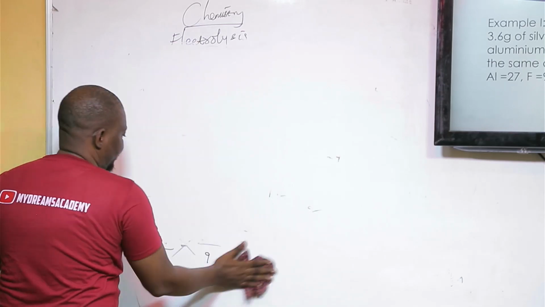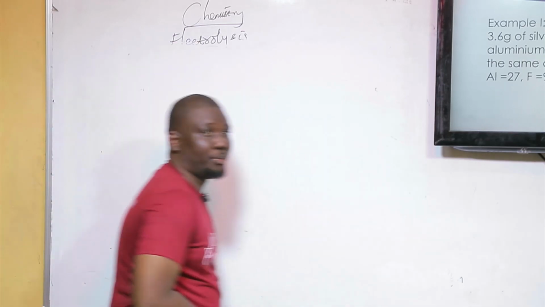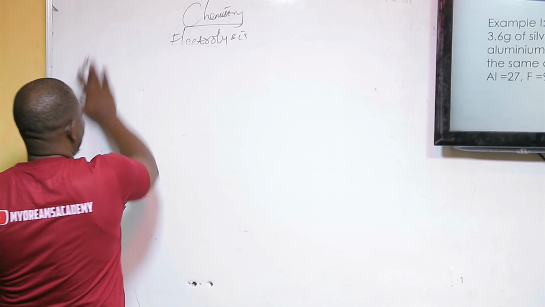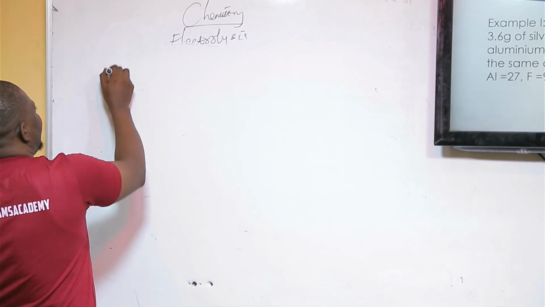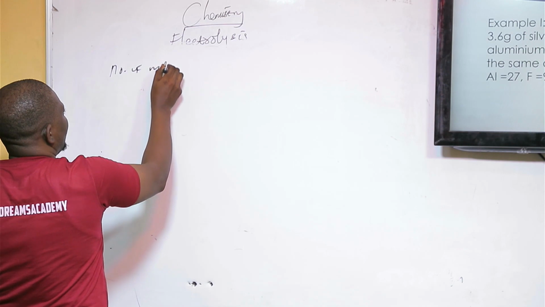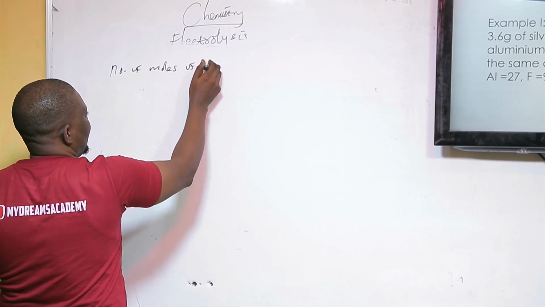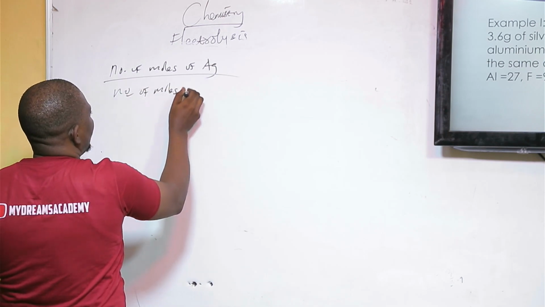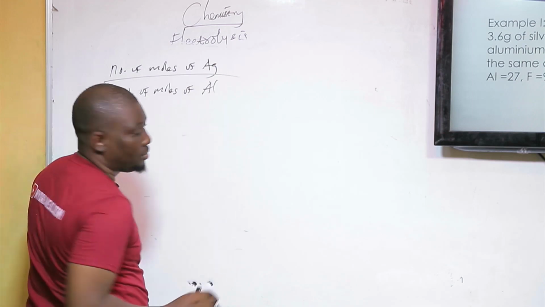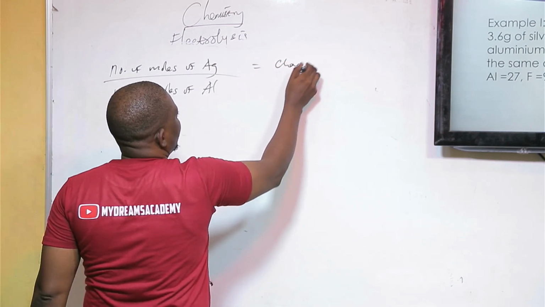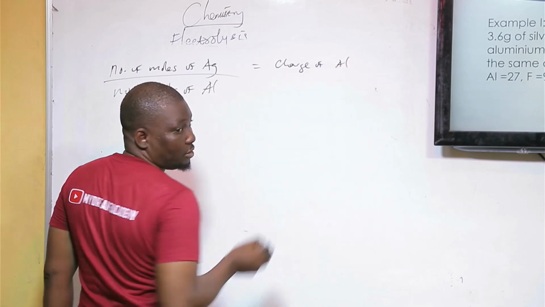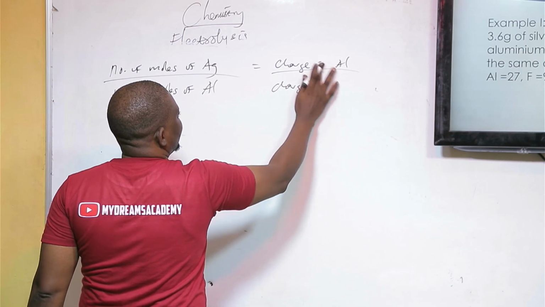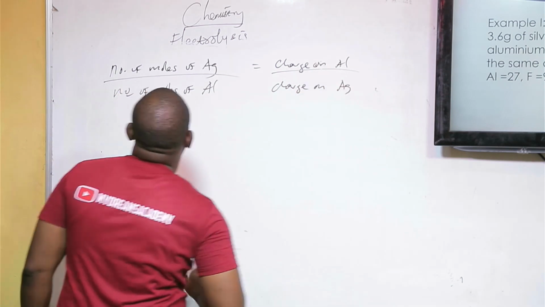Now, in the first principle, a quantity of electricity liberates this. Can you see this formula or this kind of statement: the number of moles of silver over the number of moles of aluminium is equal to the charge of aluminium over the charge on silver.